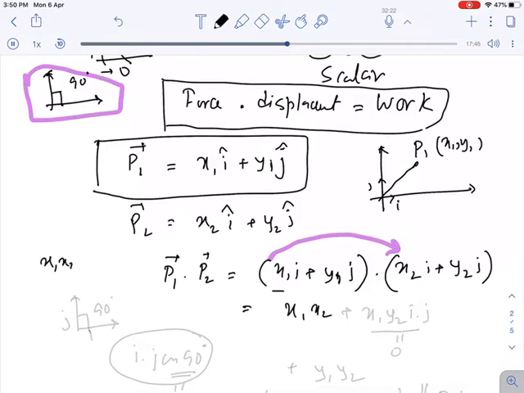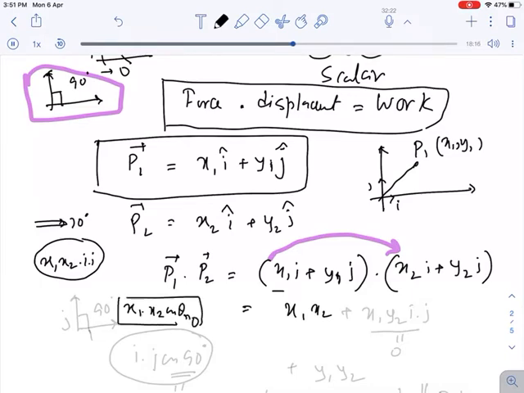I dot i is cos 0, which is 1. So x1 into x2 into cos theta, with theta 0, cos 0 becomes 1, and I get only x1 x2.